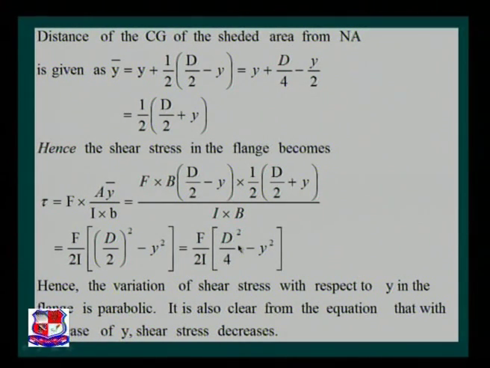D, the total depth of the section, is also constant. The variable parameter is y, hence it shows parabolic nature. Also, because of the minus sign, it is clear that with the increase of y, shear stress goes on decreasing.